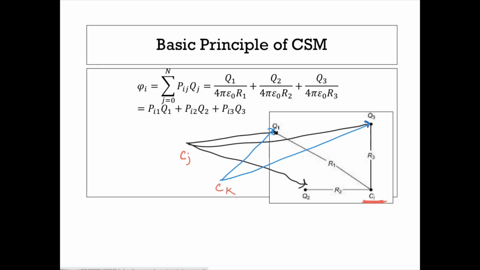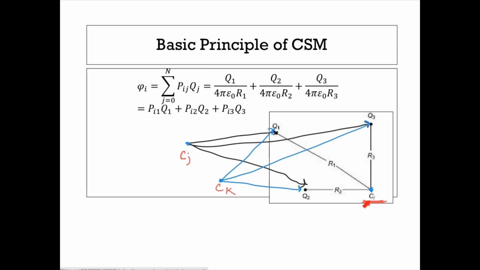This is a distance between point Ck and Q3, and this is a distance between Ck and Q2. So now we have 3 points where the potential is known to us. This is Ci, Cj and Ck, and we have 3 fictitious charges, namely Q1, Q2 and Q3, where we wish to estimate the electric potential.